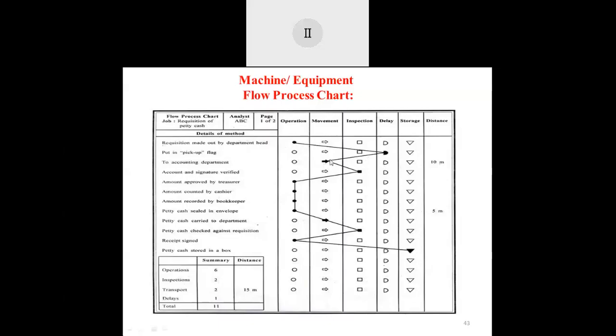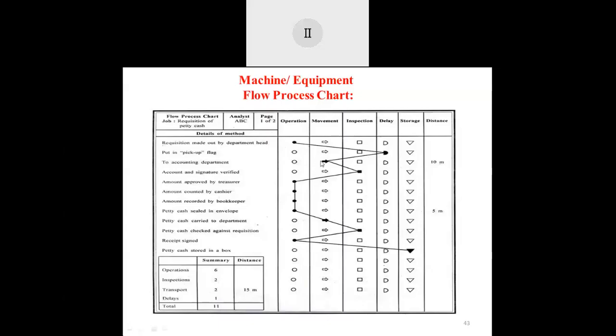That's why some movement is there. How much move? 10 meters. It is due to petty cash. It may look like why movement is needed, but you can think of it as another machine also. Then the detailed process will be different. So this is just an example.